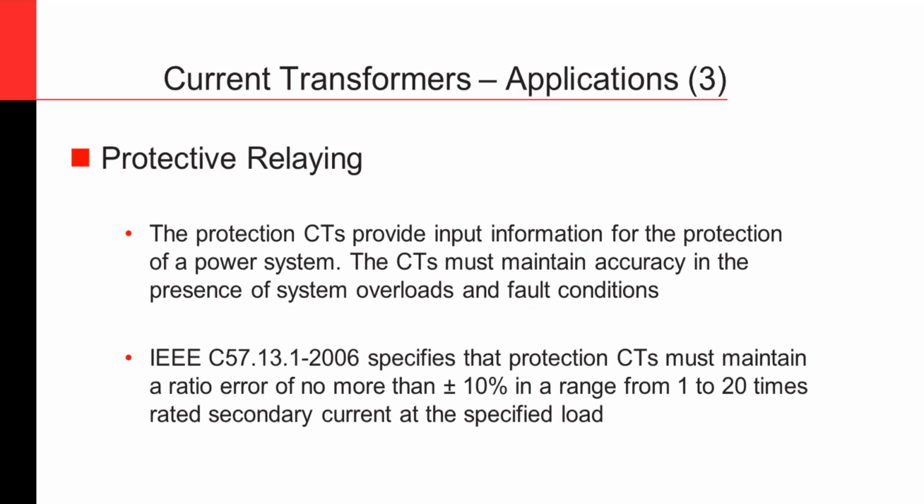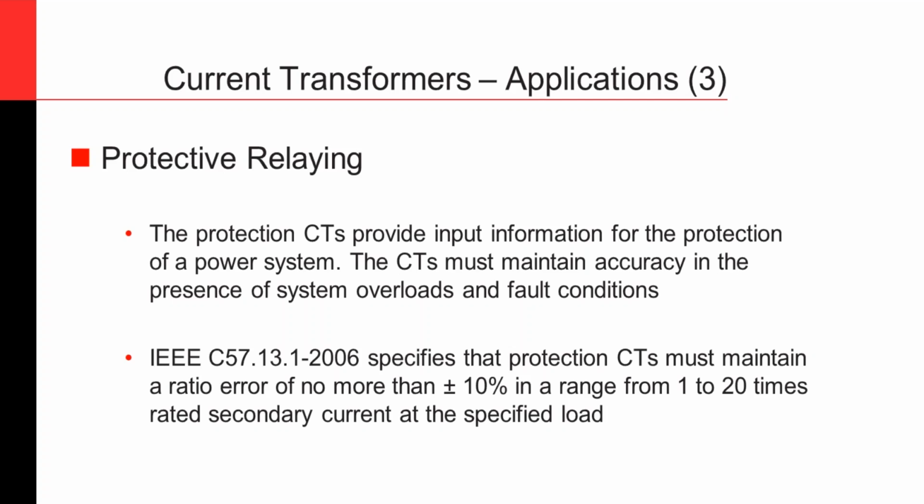I also mentioned that your metering type CT should be more accurate because that is what calculates the consumption by any consumer. On the protection side, it doesn't need to be as accurate as a metering CT. But it does not mean that it need not be accurate at all.